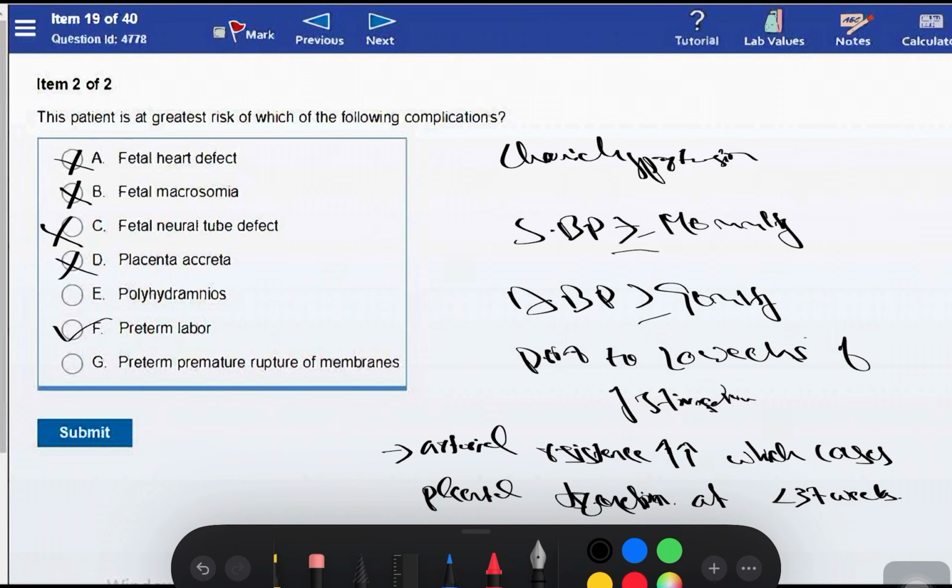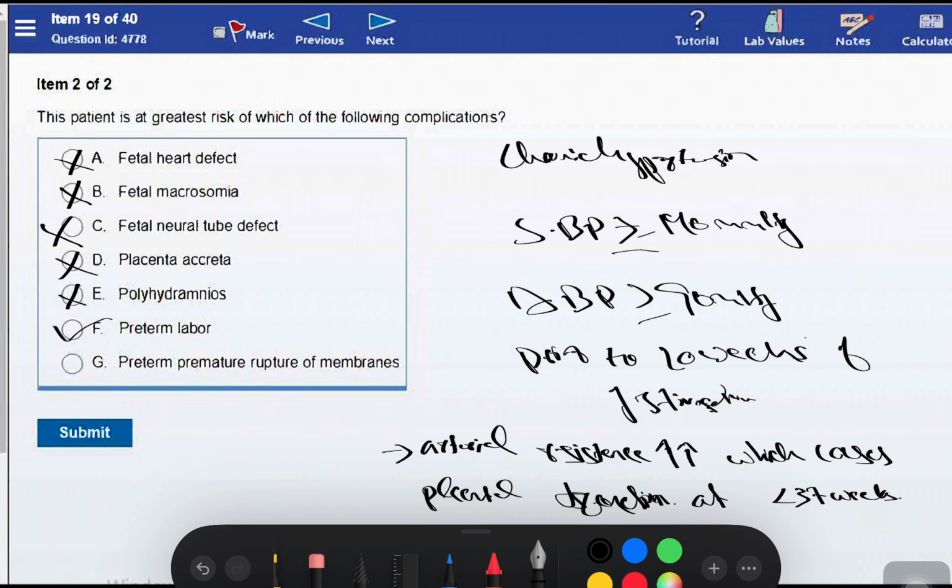Come to choice D, placenta accreta. Why is choice D incorrect? Because placenta accreta occurs when the placental villi attach to the myometrium. Hypertension is not associated with placenta accreta. Choice E, polyhydramnios. Hypertension is associated with oligohydramnios, not polyhydramnios.